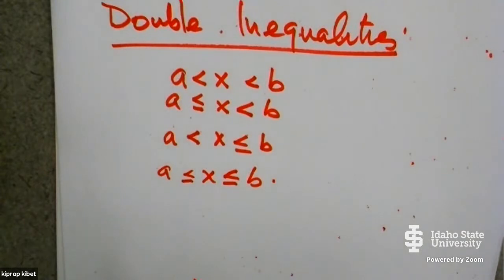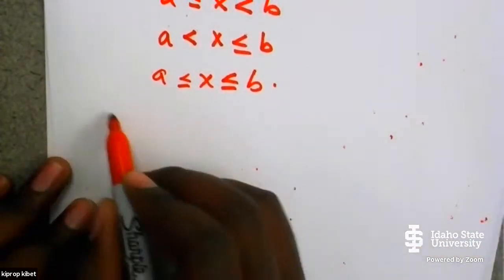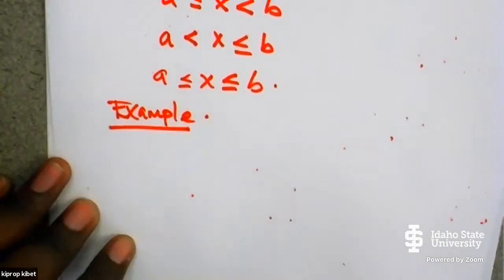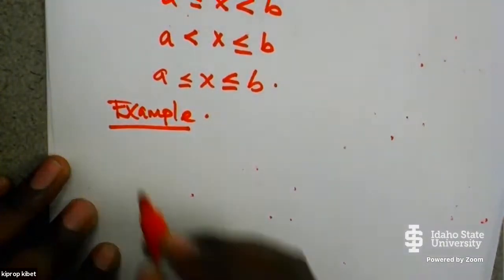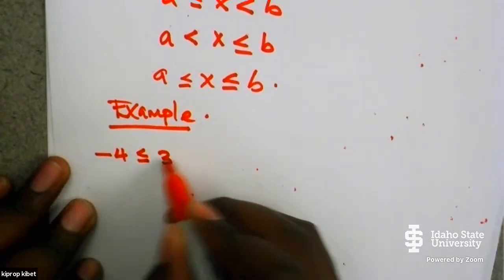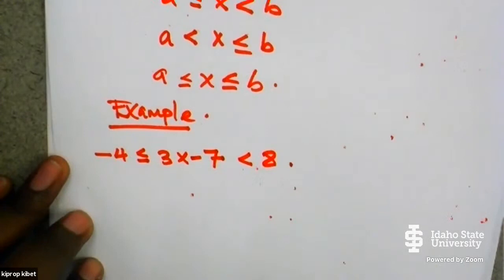Now, example. So let's do an example. Minus 4 less or equals to 3x minus 7 less than 8.